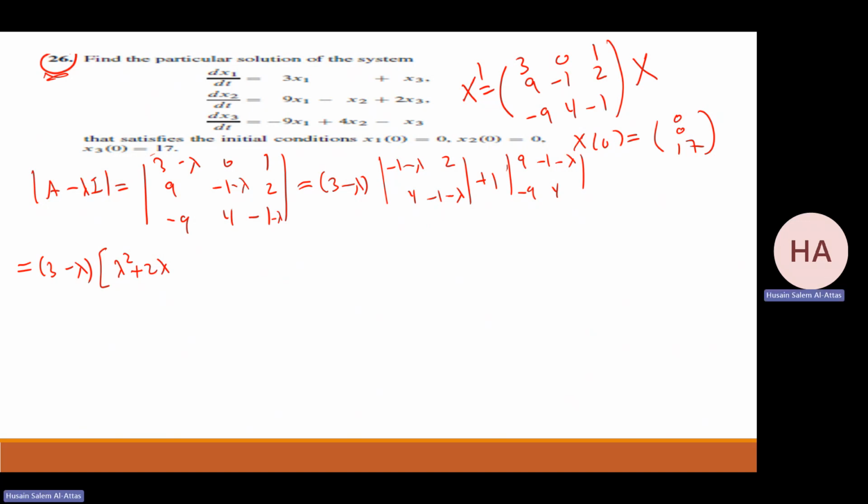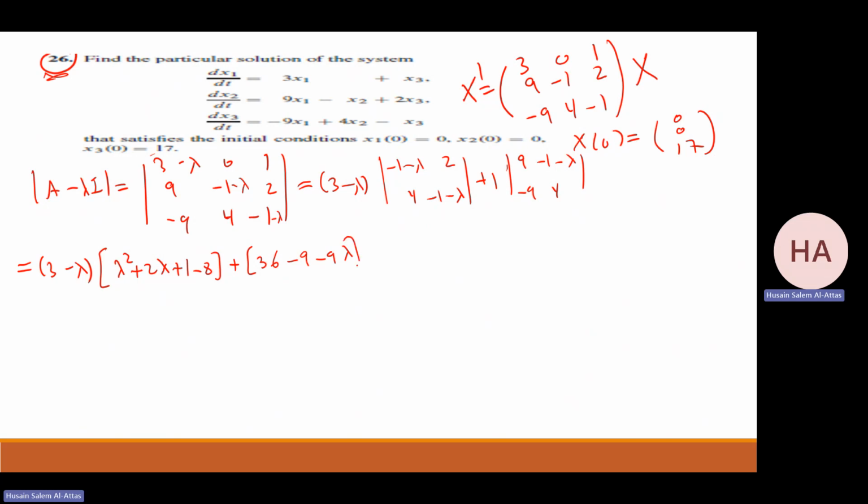Plus 1 times minus 8 plus 36, this is 4, and minus 9 minus 9 lambda. We have minus times minus times minus, everything is minus.